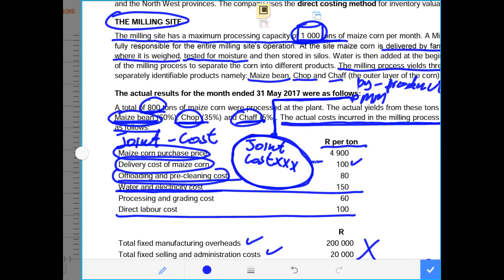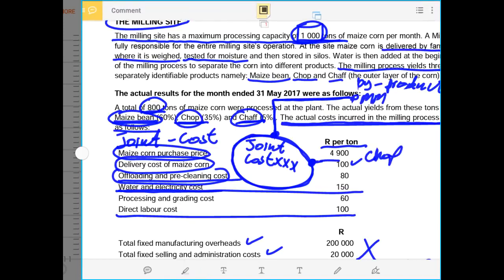But when it comes to chop, they say chop is not further processed. But after we split it, this is the point that we call the split off point, where the joint products are split into 3 different products. They are saying chop is not further processed, but there is a cost that we incur after it was split, meaning after it was separated from the maize corn.